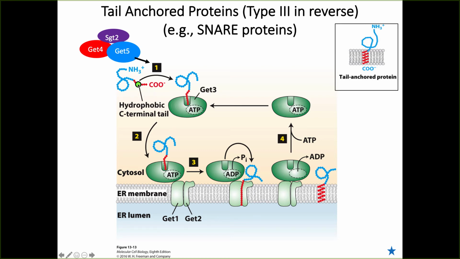So that's the problem. The whole of this protein is synthesized in the cytosol. The ribosome is not attached to the translocon, nor brought onto the endoplasmic reticular membrane. So complete synthesis in the cytosol, and as soon as this hydrophobic sequence arrives, there are a couple of proteins, mentioned in your book but not in the picture, called SGT2, GET4, GET5.